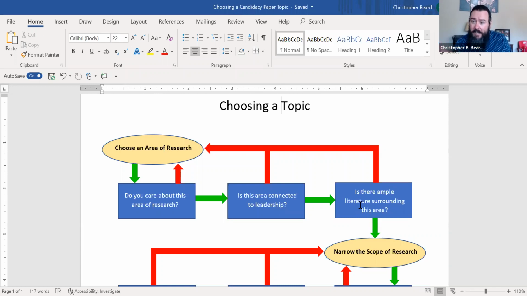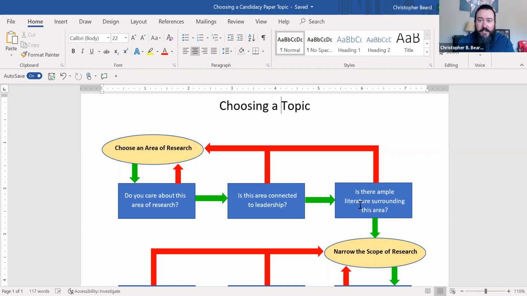When it comes to candidacy, I will mention specifically there, it's important to choose a topic because that's an opportunity for you to vet your area of research. We've had students, like for me, for example, when I chose my topic for my candidacy paper, it actually became part of my dissertation later because it was associated with that area and I knew that's what I wanted to study moving forward.